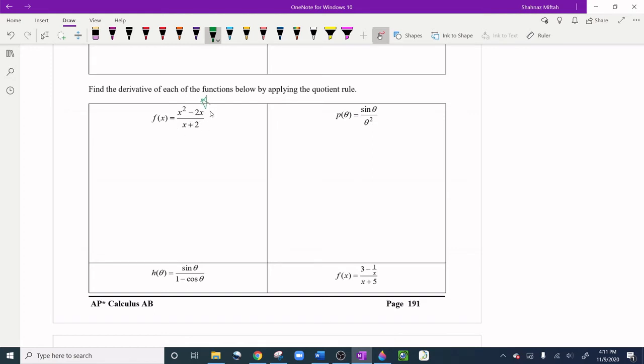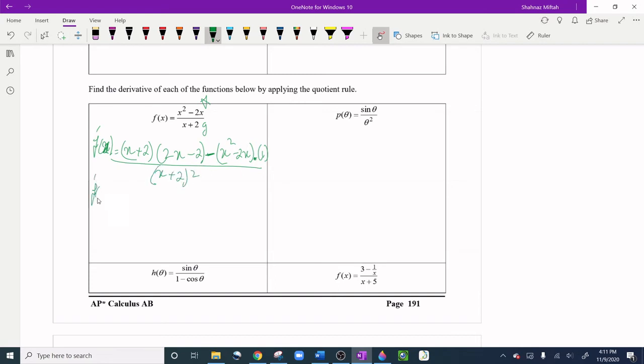I'm just going to keep this as f, that's g, and take a derivative, f prime x. I cannot rewrite this, that's why I'm directly using it. g stays as x plus 2. The derivative of f is 2x minus 2. Then we have minus, keep the f, x squared minus 2x within the parentheses, times the derivative of g, which is 1, over x plus 2 whole squared.